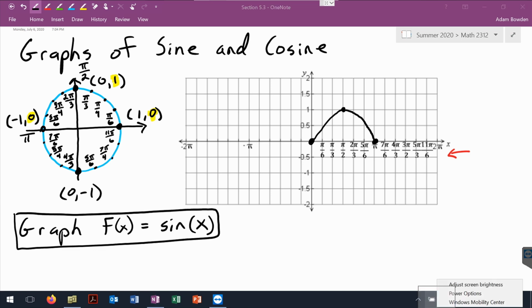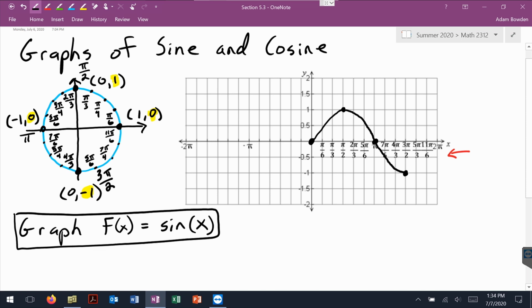And then as we go through the third quadrant here, notice how the values of the terminal point and the y coordinate go all the way to -1, which means that as it gets down to 3 pi over 2 here at the bottom, it will have traveled slowly downward to -1, kind of like this here.